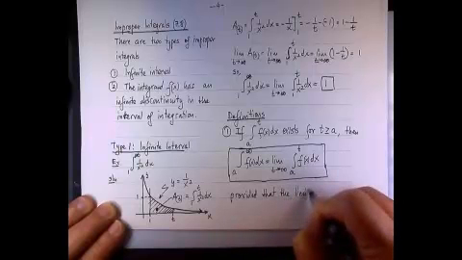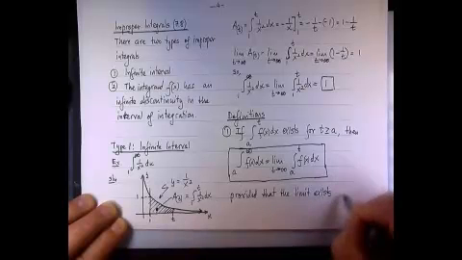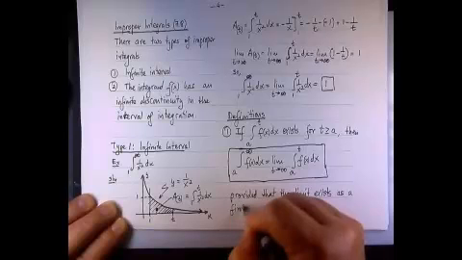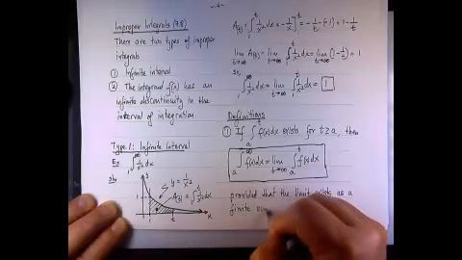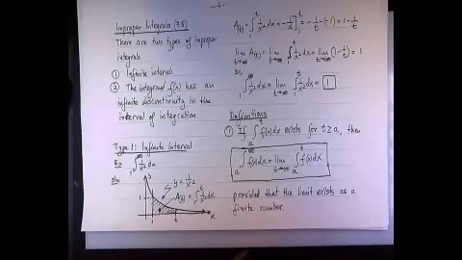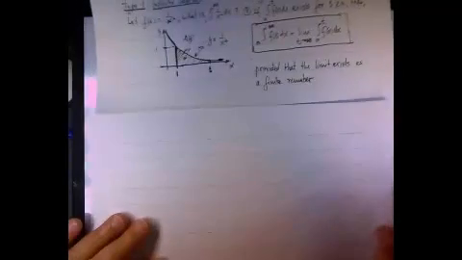It's not only that it exists, the limit must be a finite number, because we can say the limit exists, but it goes to infinity, right? That won't do us any good here. So provided that the limit exists as a finite number. So this should be 1.